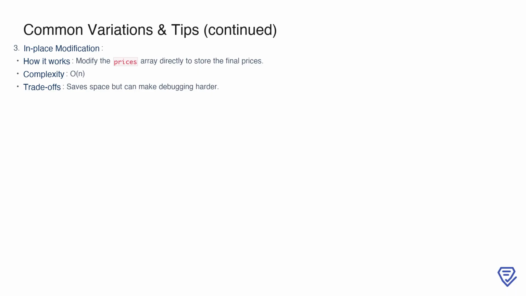However, while this approach is space efficient, it can make debugging more challenging, as the original input array gets overwritten during the process. This trade-off between space savings and debugging simplicity is worth considering when deciding on your implementation strategy. Overall, being able to adjust your solution to balance time and space complexity is a valuable skill, not just for this problem but for many others in competitive programming and real-world scenarios.